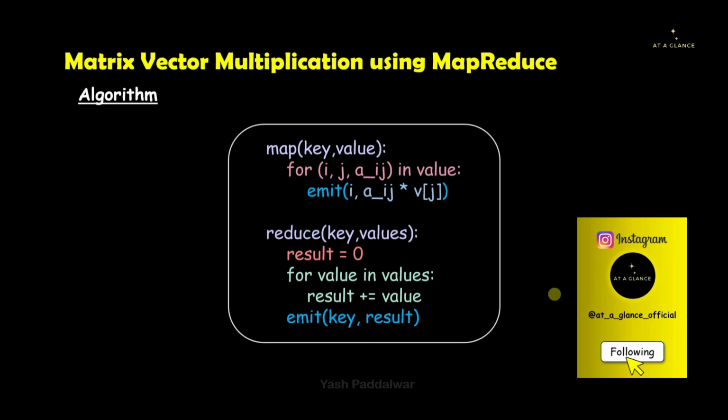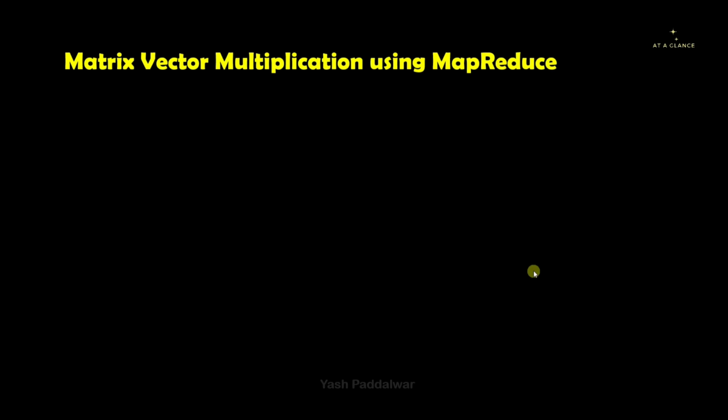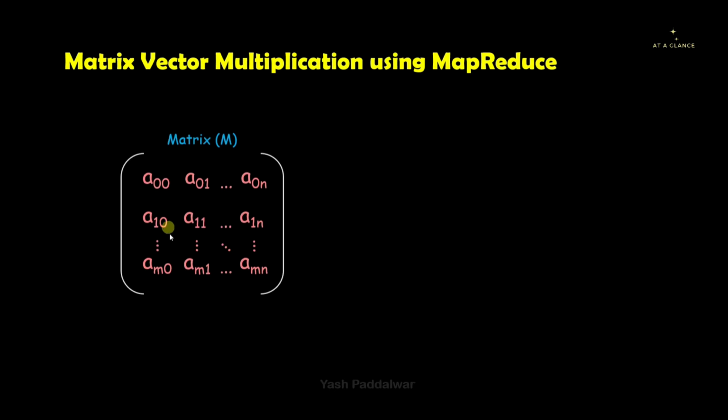And once we do that, we are going to emit the result in the form of the output. This particular result value will be that particular value after multiplication of the matrix and the vector in the resultant matrix, and this is how we can get the resultant matrix after multiplying the matrix and the vector.